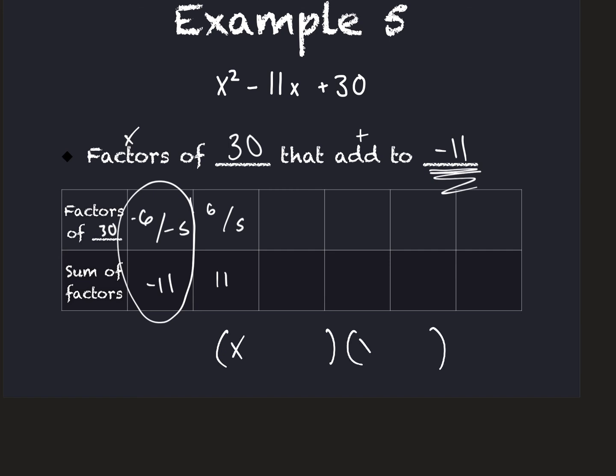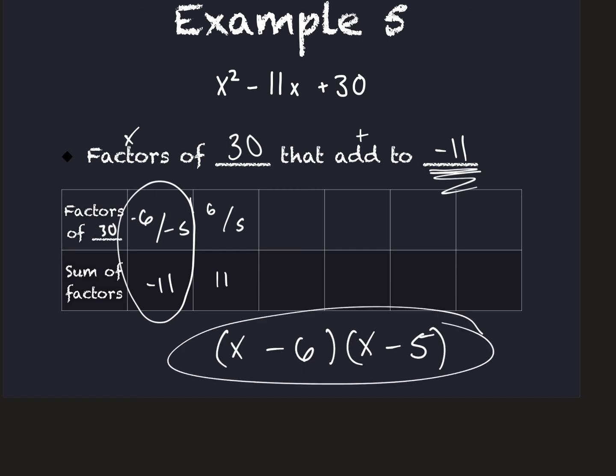X and x. And then what goes next? So x minus 6 and x minus 5. And that's our answer. Any questions here?